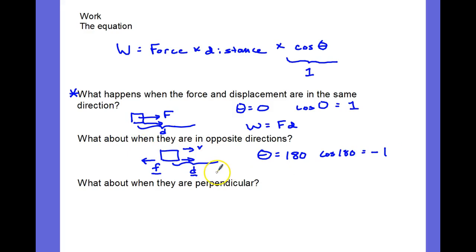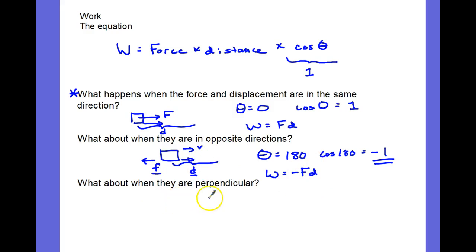So when the force and the displacement are in opposite directions, you do negative work. So it'd be force times distance times the cosine of 180, which would be negative force times distance. Negative showing that they're in opposite directions and you do negative work.